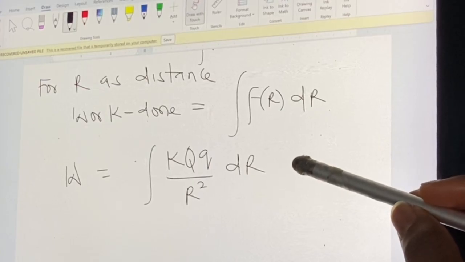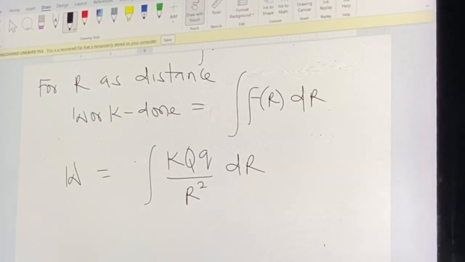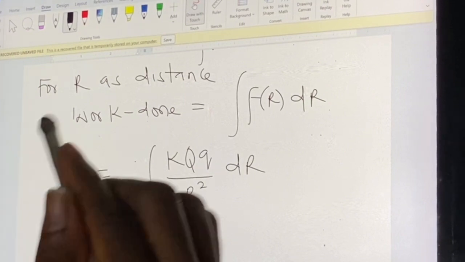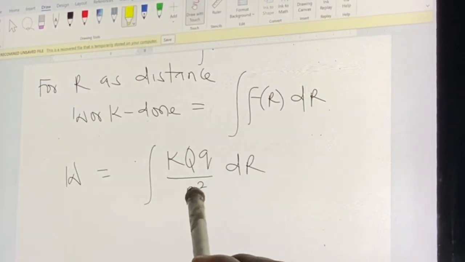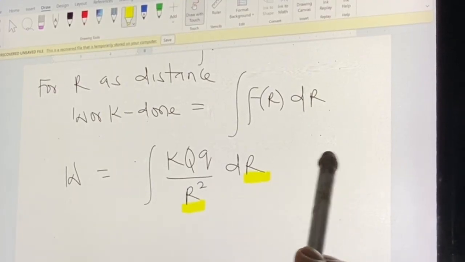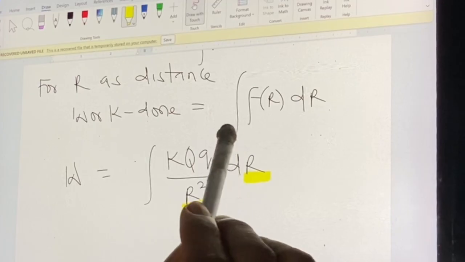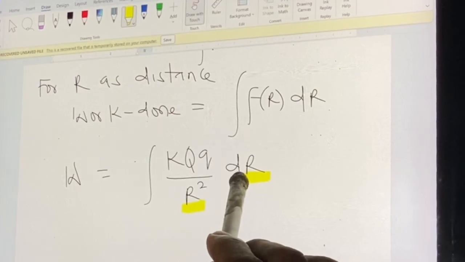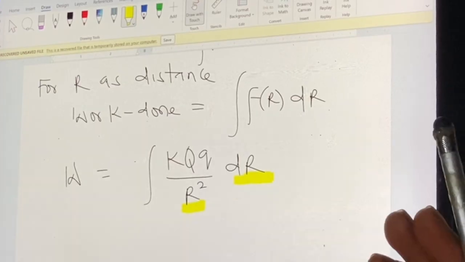How do we integrate here? We only integrate depending on the dependent variable. The expression is only depending on r because we are integrating with respect to r. Anything that does not express r will be called a constant. Please take note.